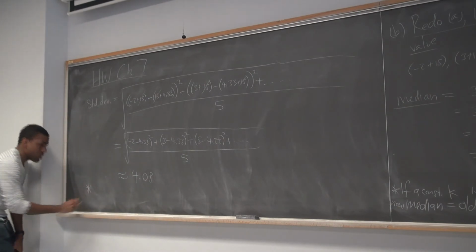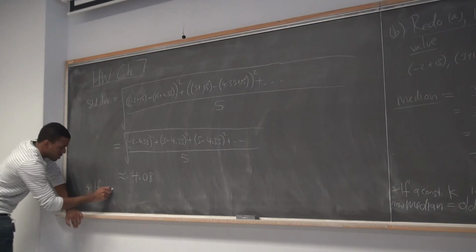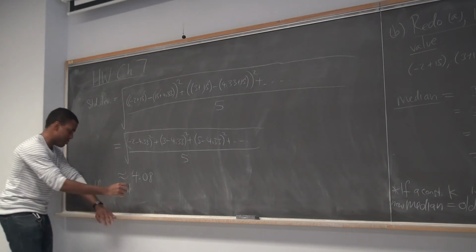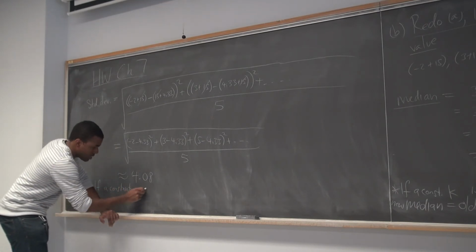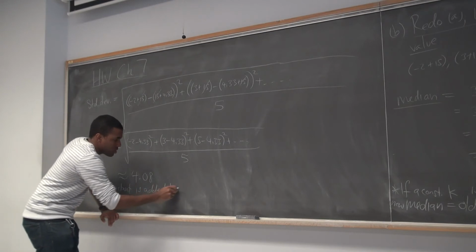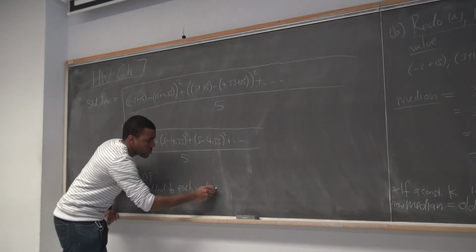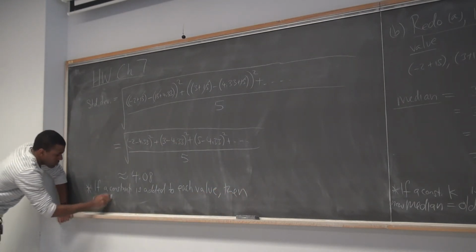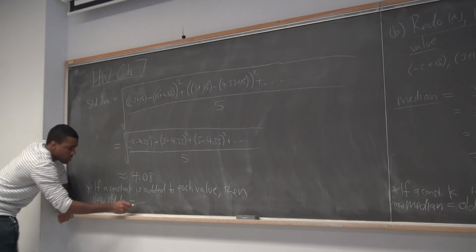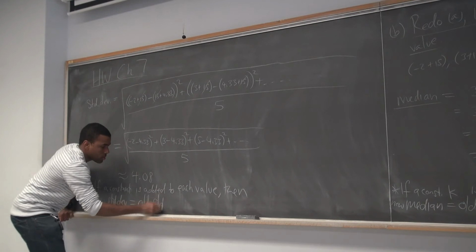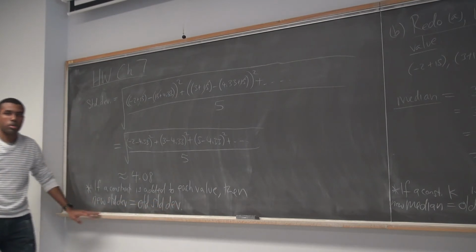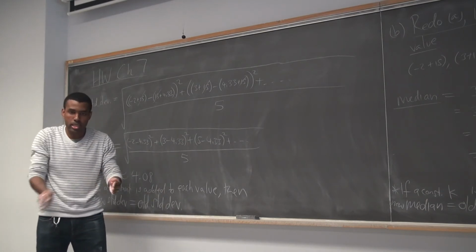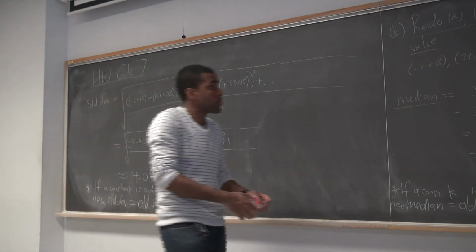So what you should take away from this is if a constant is added to each value, then the new standard deviation is just the same as the old standard deviation. I don't think we're going to get to talk about chapter 8 much. Maybe I'll just introduce it. Right? So don't waste your time computing it again. It'll stay the same, because it just means everyone gets shifted, but they all maintain the same space between each other that they had before.